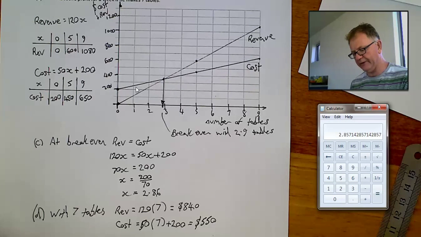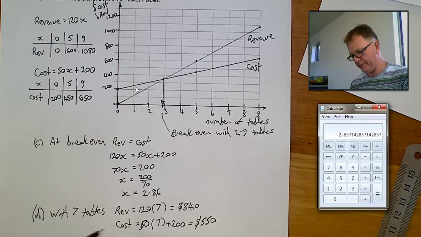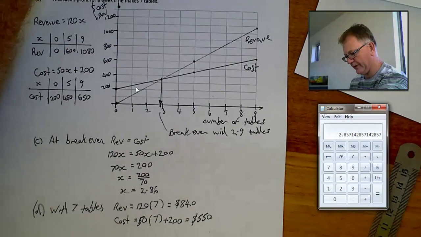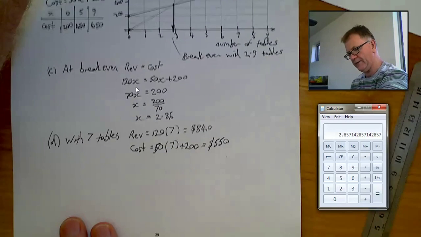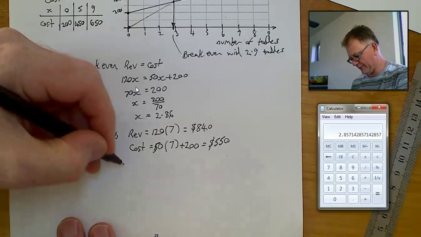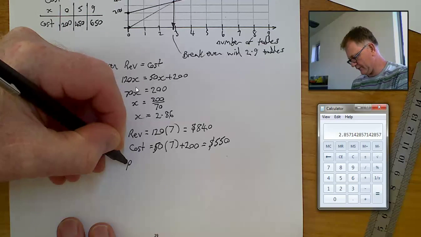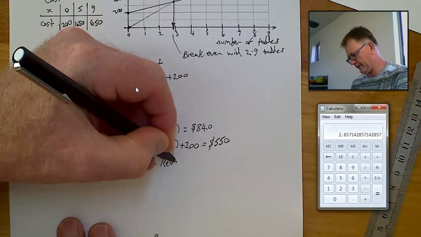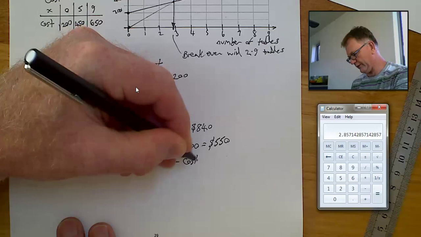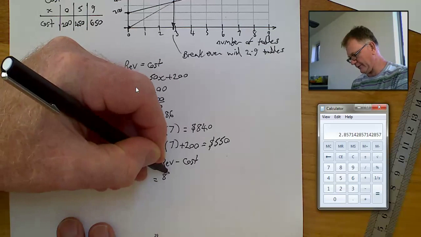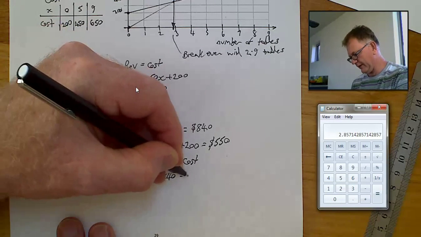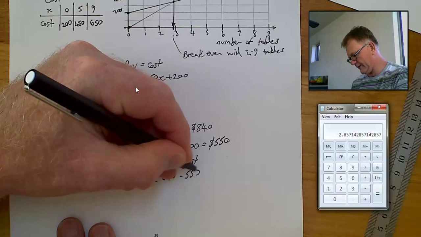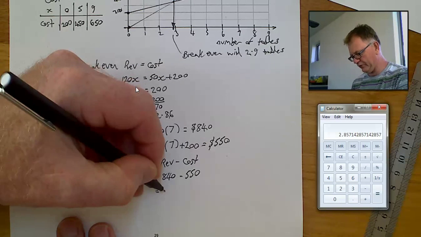Profit is the difference between the amount that he makes from selling them and what it cost him to make them. His profit is equal to the revenue that he gets from selling them, take away what it cost him to produce them. So it's $840 revenue, take away 550, profit is equal to 290.